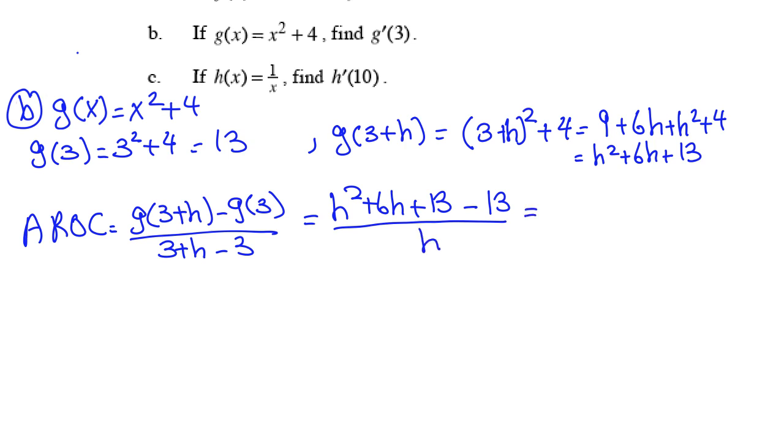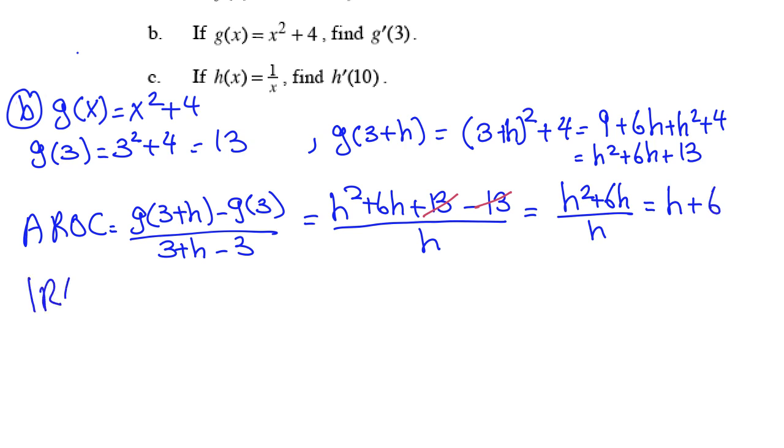Simplifying there further, the 13 and the negative 13 cancel out, leaving us with just h squared plus 6h over h. Each one of the terms in the numerator has an h, so h squared divided by an h is an h, plus 6h divided by h is just a 6.